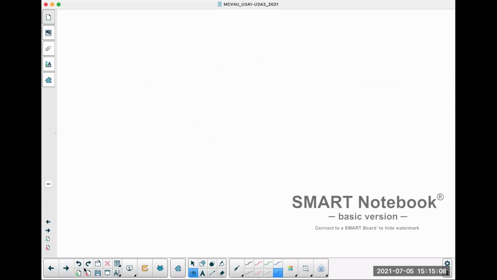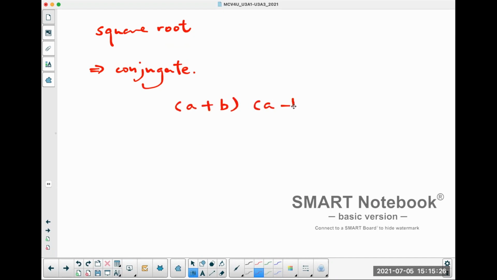Anytime you see square root functions, you have to go back to something that you learned in grade 11. We call this conjugate. The idea of a plus b multiplied by a minus b, like a difference of squares, what you're going to get is a squared minus b squared.